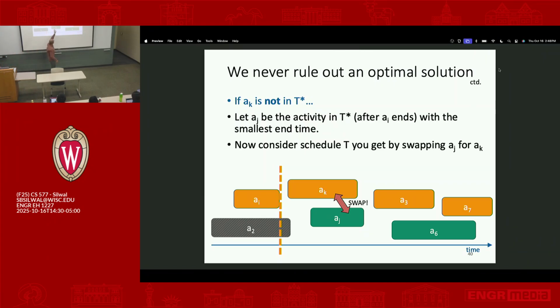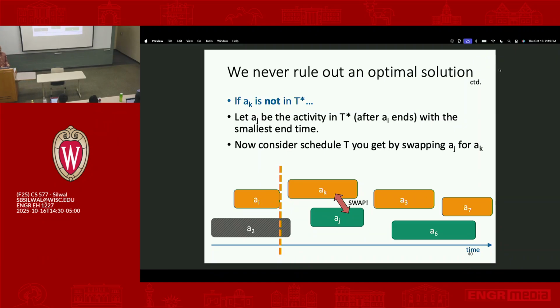Well, this job that we picked, or this activity that we picked, ends the earliest. So if we swap these two, it's not going to intersect with any other activities that the optimal schedule has picked, okay? And the reason is, the optimal schedule ended up picking this thing, and the thing that we picked only ends even faster, right? So it's not going to intersect with anything else that the optimal schedule has.